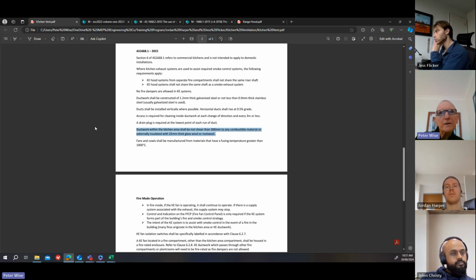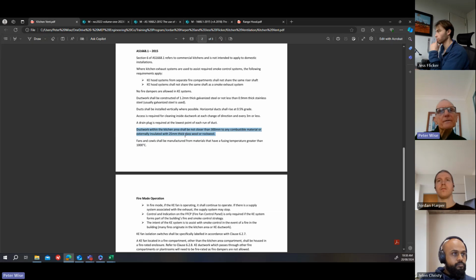So that's potentially dangerous if the ductwork gets hot and starts to melt the wires. There's risk of electrocution or even fire. So I don't think there'd be too many jobs where you can achieve a 300 millimetre separation between the metal and a combustible material.